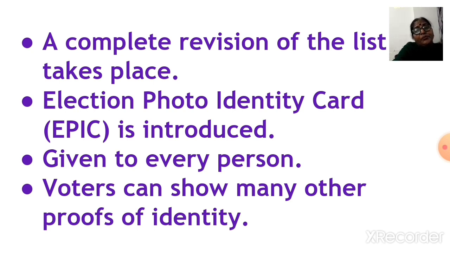In the last few years, a new system was introduced. This system is the election photo identity card, in short called EPIC. E for election, P for photo, I for identity, and C for card.